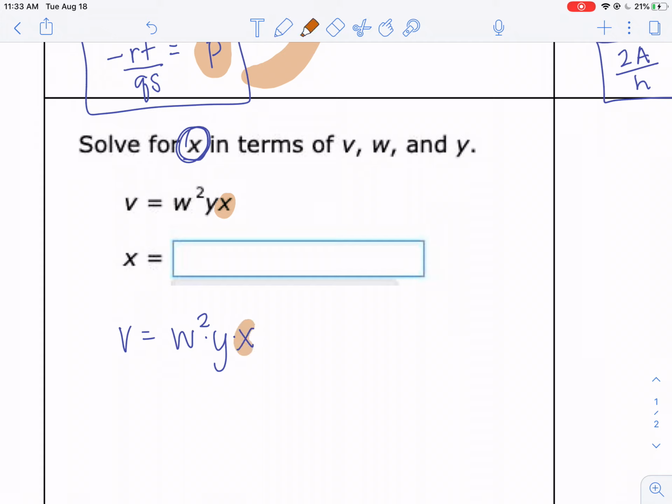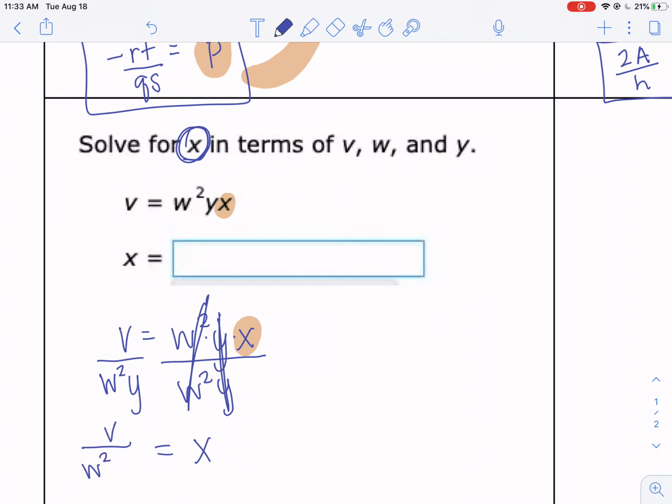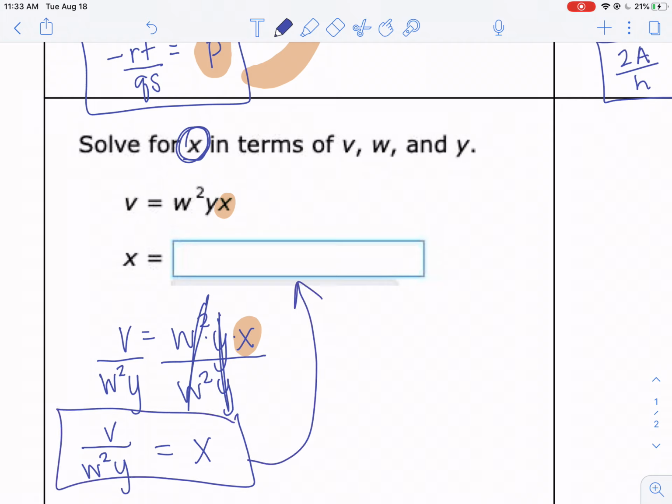If I want to get x by itself, I'm going to divide by w squared and by y. Do what I do on one side, have to do on the other. So that's going to cancel and leave me with just x on this side equals v over w squared y. And that would go in this box here.